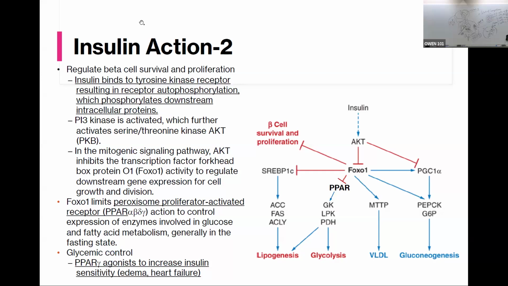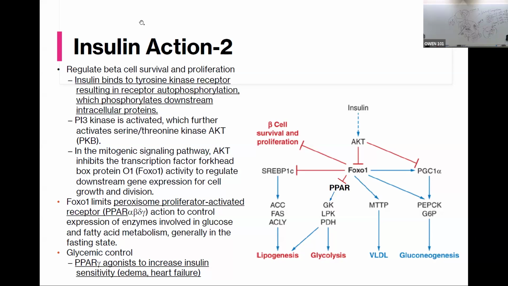So if you have insulin, you induce AKT, and this AKT inhibits FOXO1. The result of that is, of course, the opposite. Does it make sense? The result of insulin production inducing AKT, which inhibits FOXO1, would completely change this.